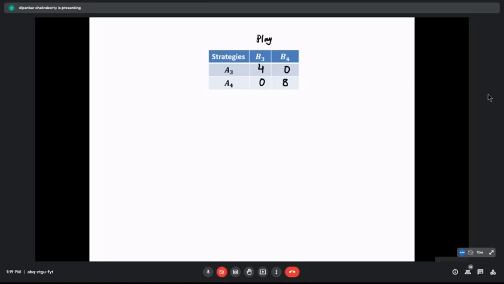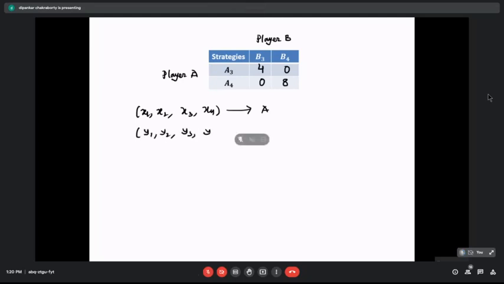This is for player B, and this is for player A. So now it is easy, because again we are going to assume that x1, x2, x3, x4 correspond to player A. These are the probabilities with which A will play his strategies, and y1, y2, y3, and y4 are the probabilities with which B will play his strategies. That means you have to find out x3, x4, and y3 and y4.